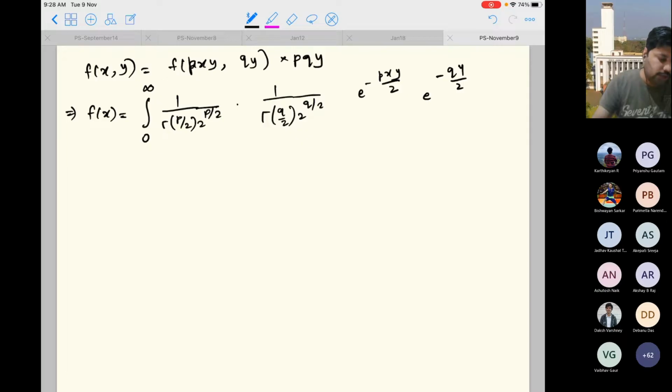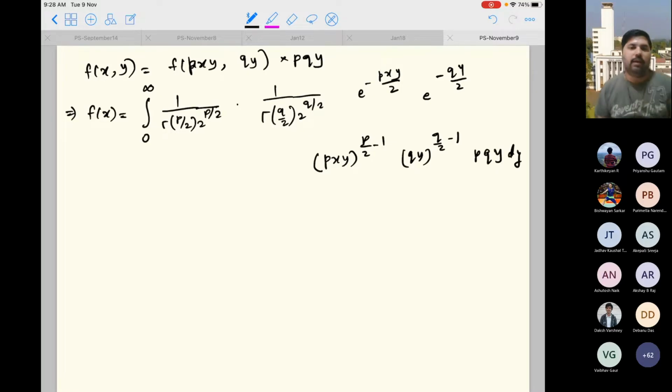Then I have pxy to the power p by 2 minus 1, and qy to the power q by 2 minus 1. Then I have pqy, which is nothing but the Jacobian, and I multiply by dy. That's the integration I'm looking at. I don't have enough space, but I hope you understand this whole thing is the integrand. I have written f of pxy, qy, into the Jacobian, and I have integrated y out.